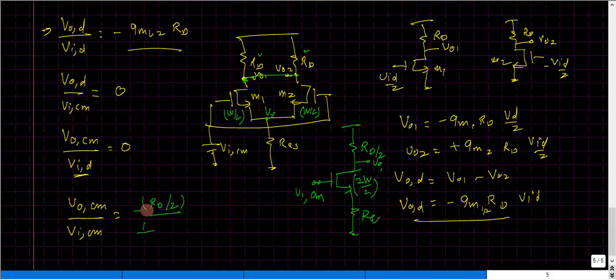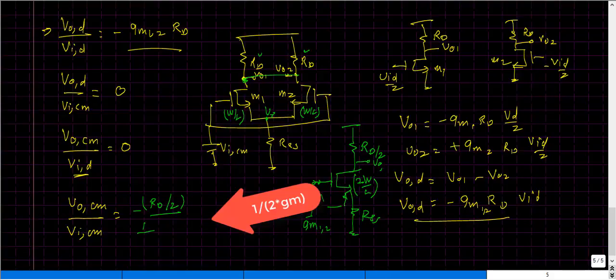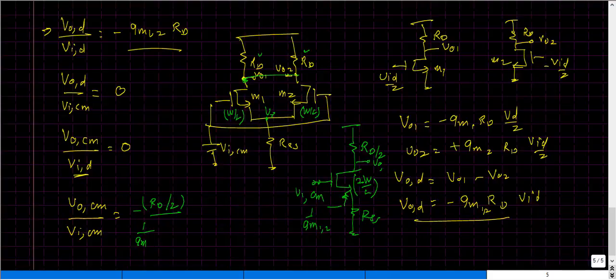This is basically the drain resistance, and across the source I have a resistance RSS, and when I look through the source terminal, I have 1 upon GM1,2 as the resistance. So these two resistances go in series, due to which I have the total source resistance, which is 1 upon GM1,2 plus RSS, and this would be the final gain expression that I have.